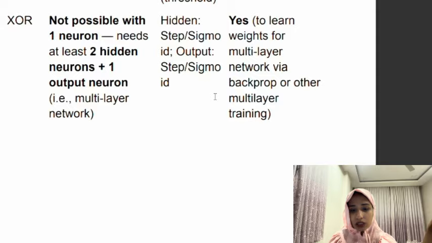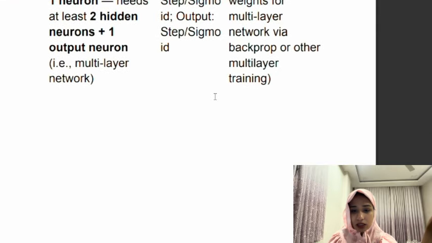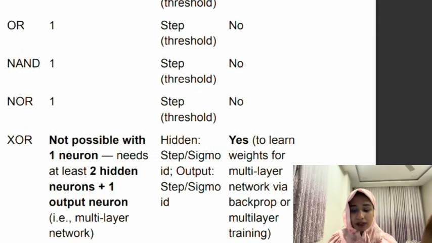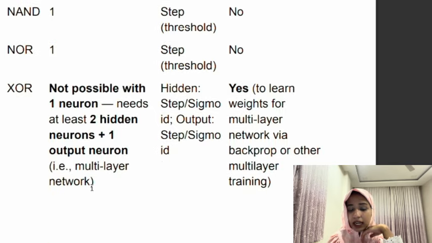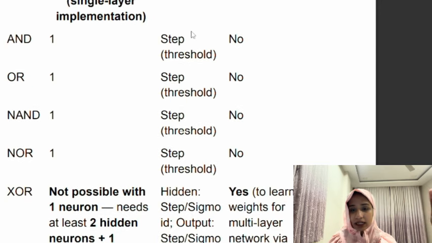Now the visual. We see here the gates AND, OR, NAND, NOR, and XOR. For AND we have a neural network with 1 neuron, OR also 1, NAND 1, NOR 1, and XOR is not possible with 1. We need at least 2 hidden neurons and 1 output neuron, which is a multi-layered network.